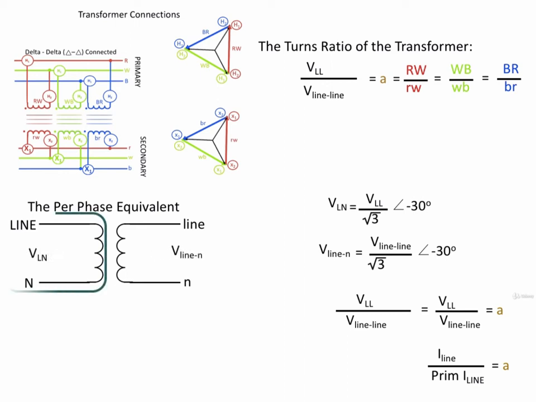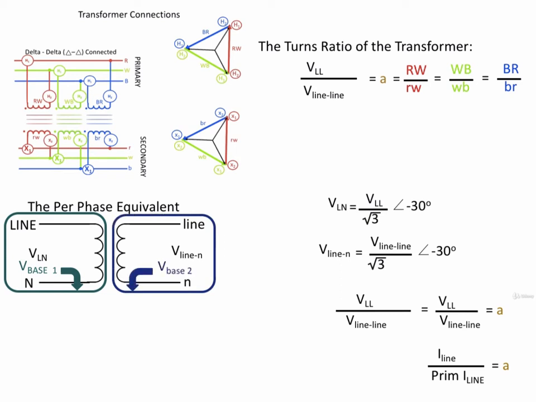There are two voltage levels that can be used for per unit analysis and the voltage bases that are required for that per unit analysis. And this is what the per unit equivalent circuit would look like for a delta-to-delta connected transformer.